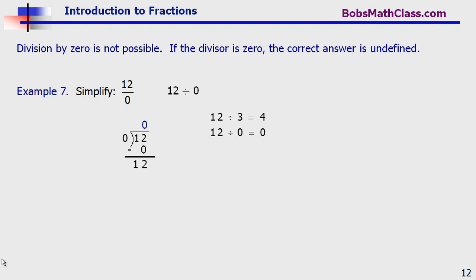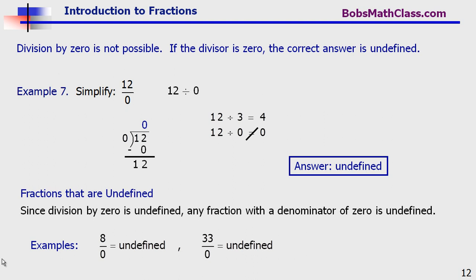If you multiply the divisor and the quotient, do you get the dividend? No. So 12 divided by 0 is not 0. I'll cross that out. Anytime the denominator is 0, you must write the word undefined. Not 0, but undefined.